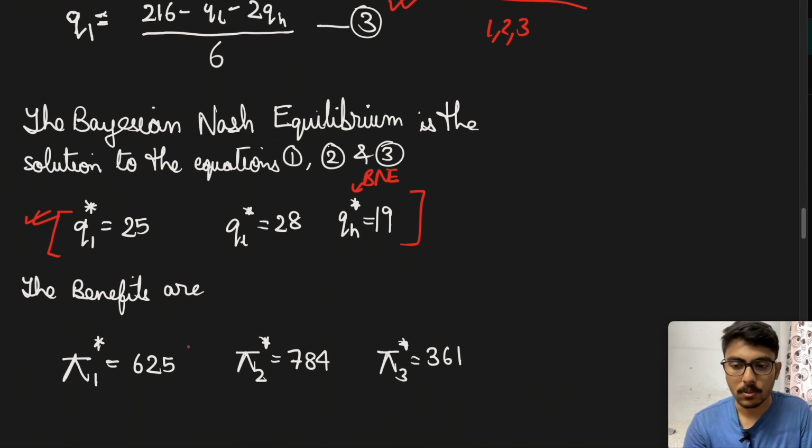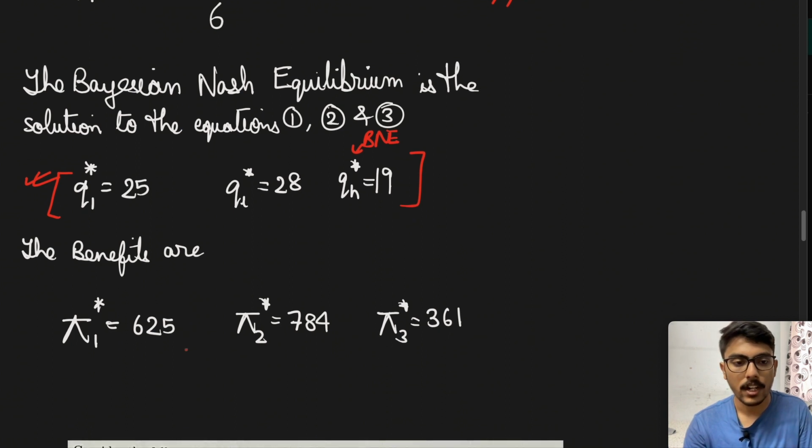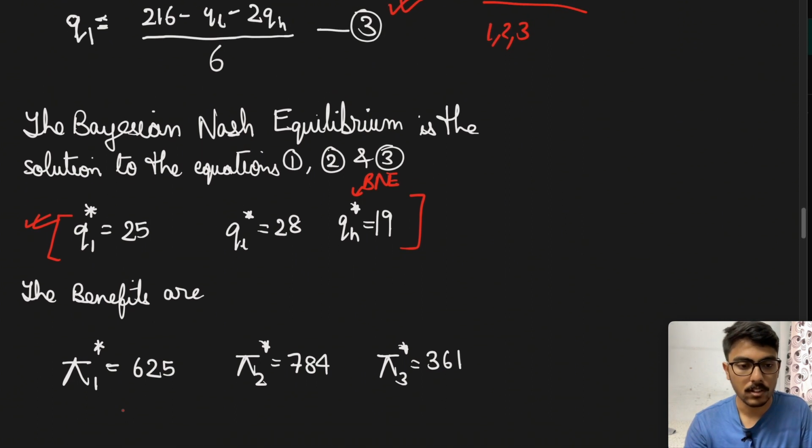And when we are trying to find out the benefits associated to each firm, in this case it will be just the square of whatever the demand we have supplied, right? So the benefit generally stands as the square of what the Bayesian variable is contributing by a firm. So in this case, Q1 was the variable which contributed to the Nash equilibrium, so its square has to be considered.